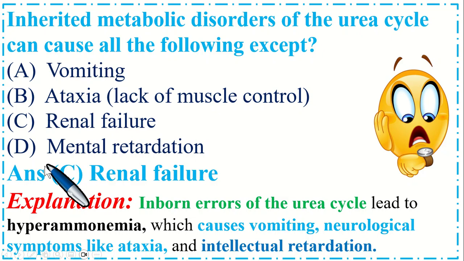So the correct option is C, renal failure. Inborn errors, also known as inherited metabolic disorders of the urea cycle, lead to hyperammonemia, which can cause vomiting and neurological symptoms like ataxia and intellectual retardation.